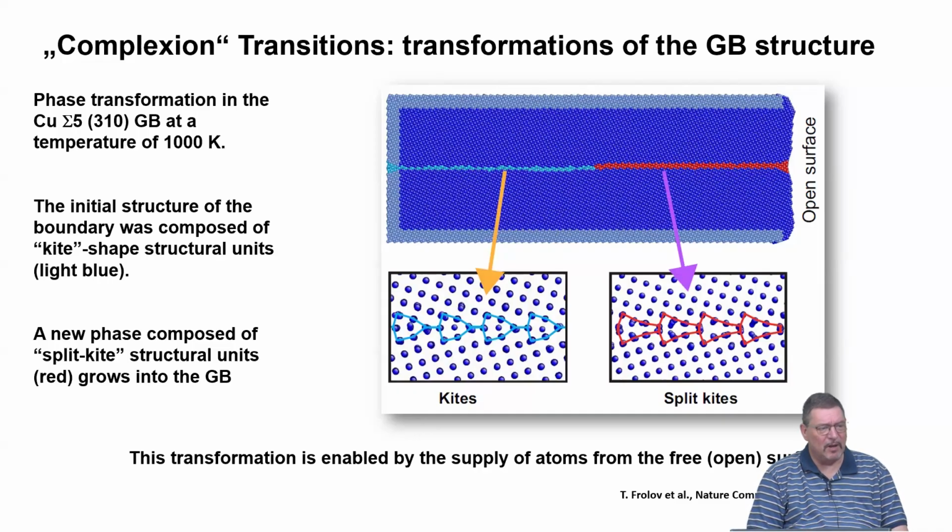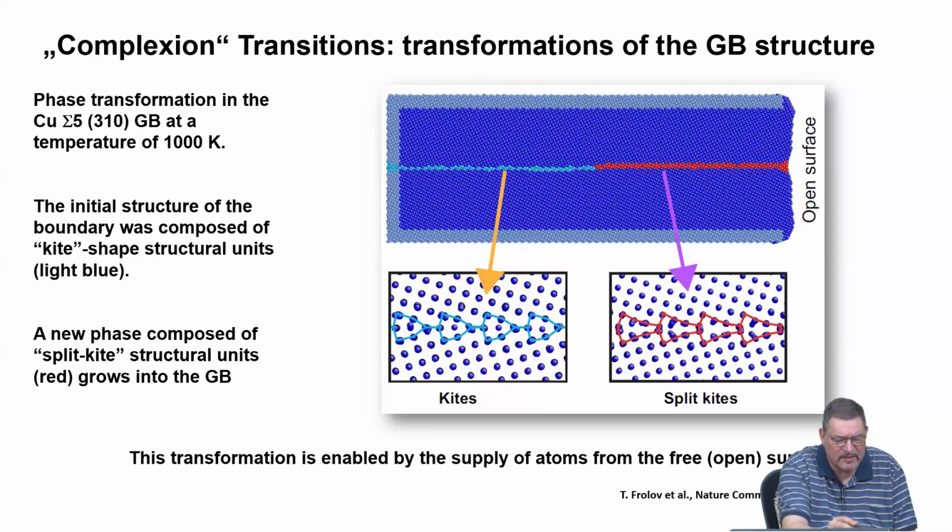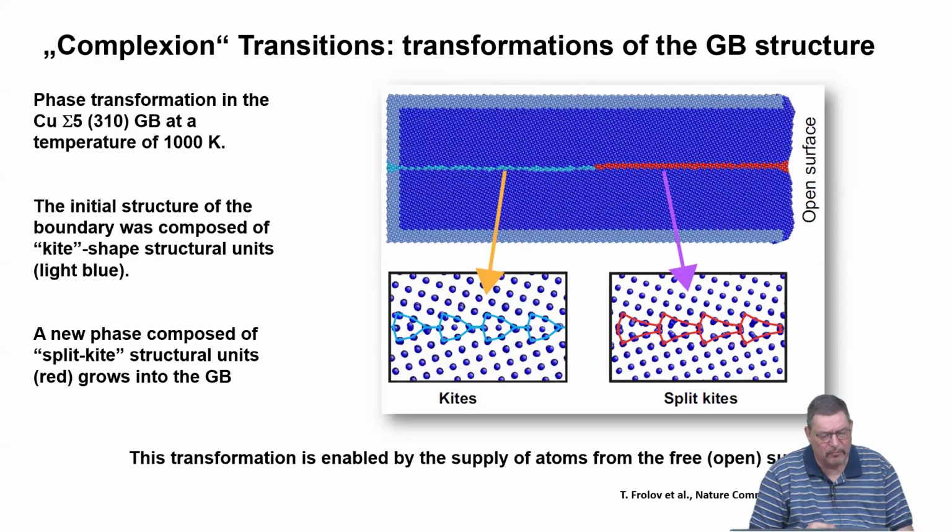So this is a mathematically pure copper crystal, and it's a bicrystal. So basically it's 2 crystals which have a defined misorientation and a defined grain boundary plane with a defined inclination. This gives you this copper sigma 5 (310) grain boundary.